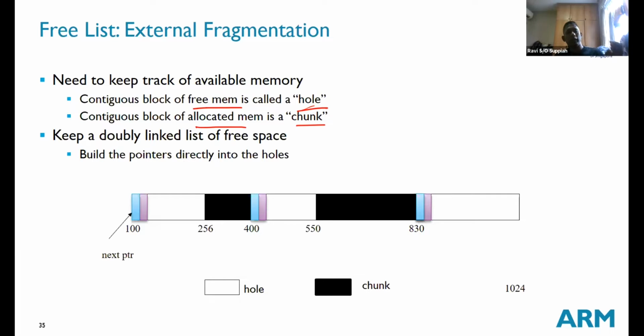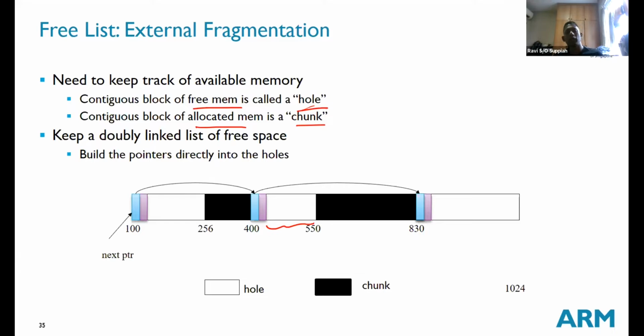Okay, so if I have a pointer pointing to this location 100, then I will be able to point to the next location, which is 400, the next free space or the next hole that is available in the system. Similarly, 400 will point to 830. That tells me this is the next space where there is a hole available, free memory available.